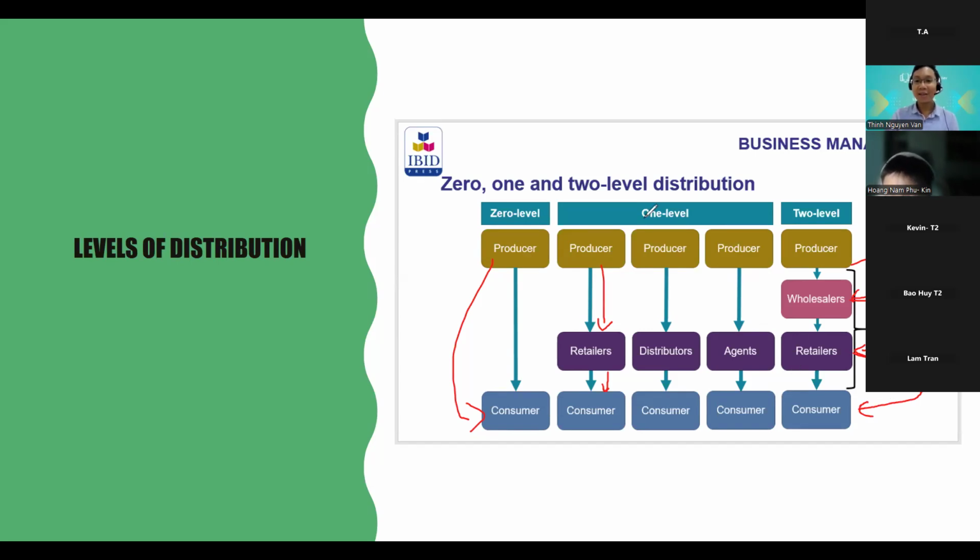Now, let me give you an example here. Let's say a soft drink, Coke, right? For Coke, do you think they have zero level, where they sell Coke directly to you? No, I don't think so.